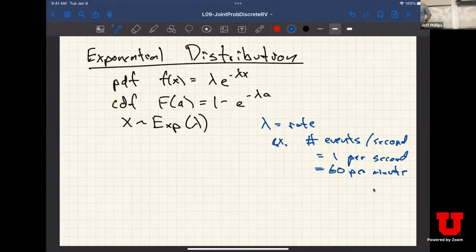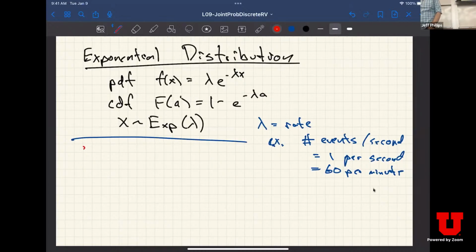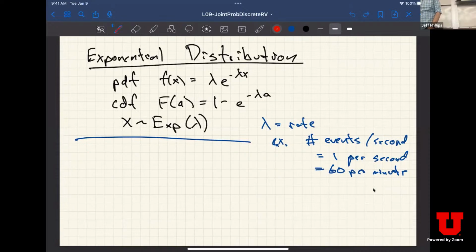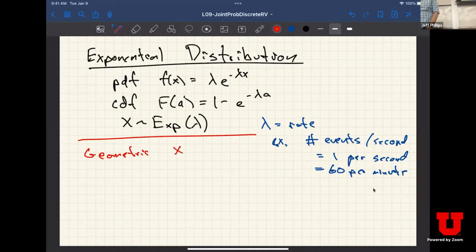It depends on the units, and something about the exponential distribution is that you can envision it as a continuous version of the geometric distribution. And remember, the geometric distribution was a discrete distribution.